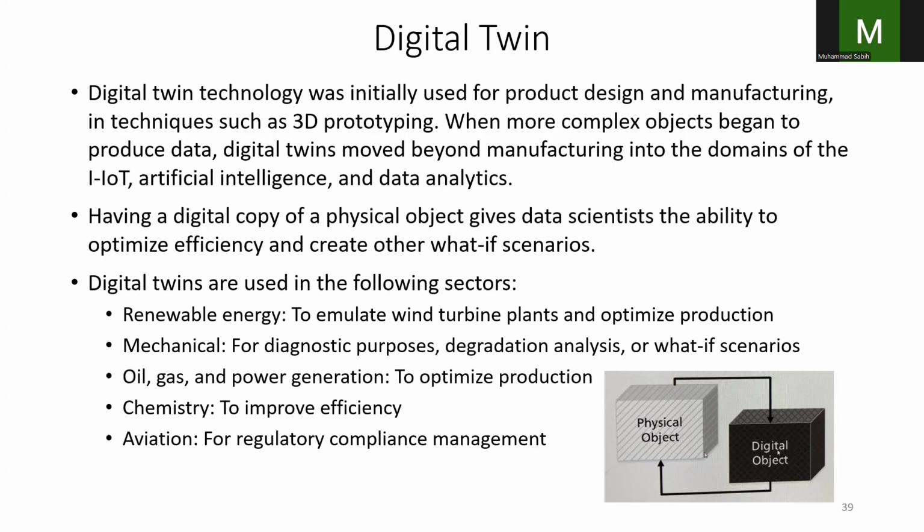Initially, digital twin technology was used mainly for product design and 3D prototyping. We could simulate the physical design of the product before manufacturing it. But as more and more physical objects started generating sensor data, digital twins evolved, and they broke out of the design room and stepped into the heart of IIoT, AI, and data analytics, giving industries real-time control and predictive analytics.